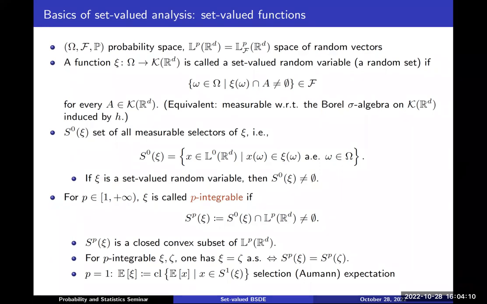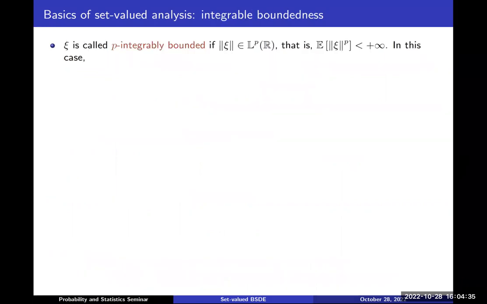If you want to define the expectation of a random set, all you should do is take integrable selectors and collect their expectations. The result might not be closed in general, but in some situations you can put conditions on C so that this set is already closed. But in general, just to make sure you have a closed expectation, we take the closure of this.